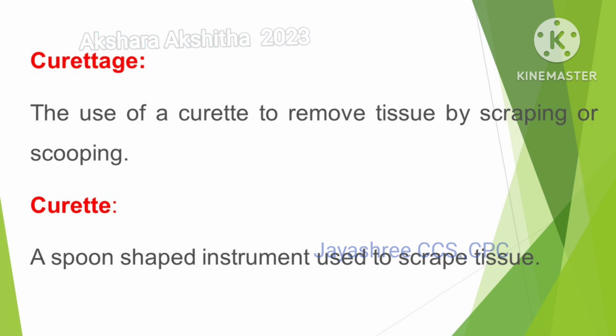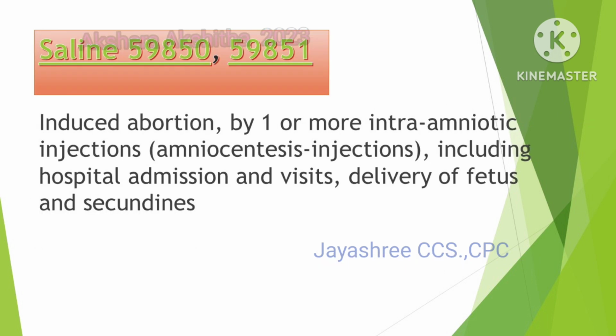Okay. Next we will see the saline method. There are two CPT codes for the saline method of induced abortion: 59850 and 59851. Induced abortion by one or more intra-amniotic injections, amniocentesis injections, including hospital admission, visits, delivery of fetus and secundines.